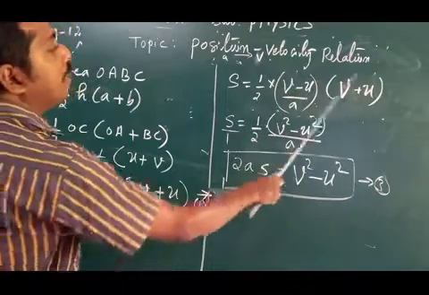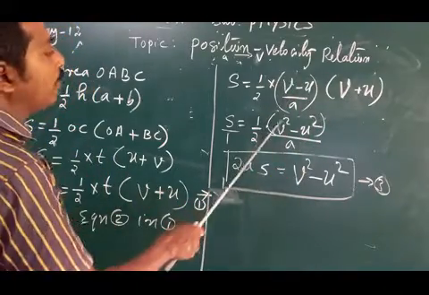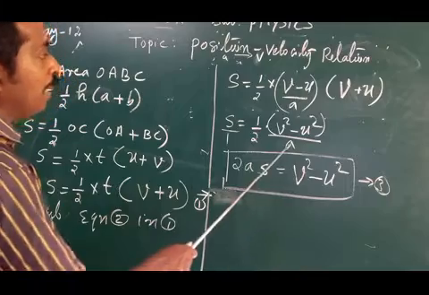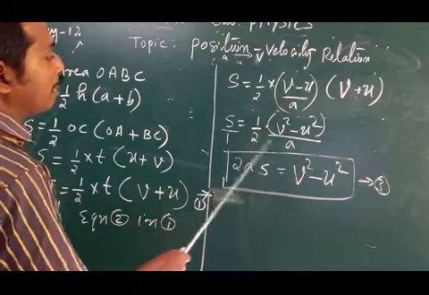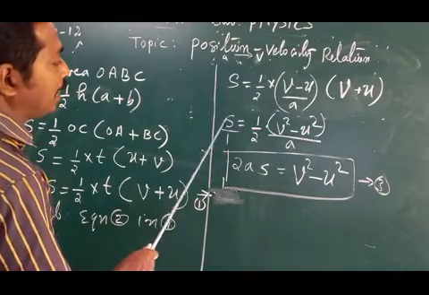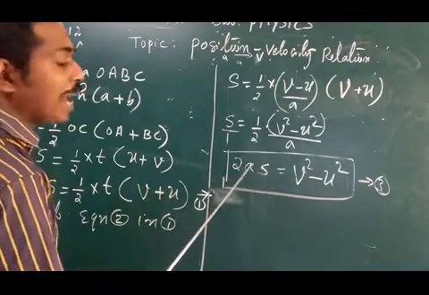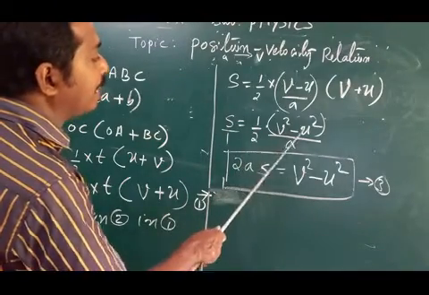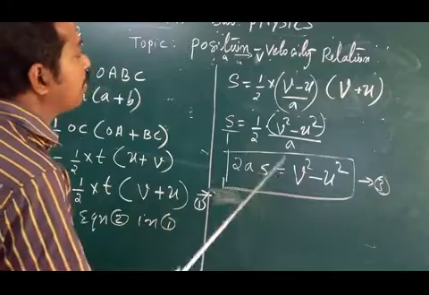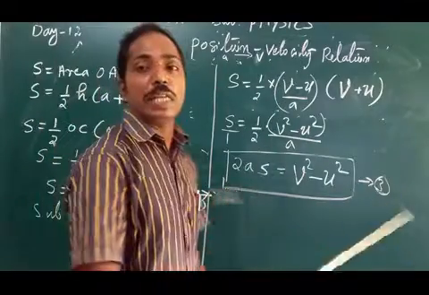A square minus B square formula. So we can write V square minus U square by A. Then the denominator 2A we multiply to this S, then we get 2AS on the left hand side of the equation. On the right hand side we have V square minus U square. This is what we call the position velocity relation.